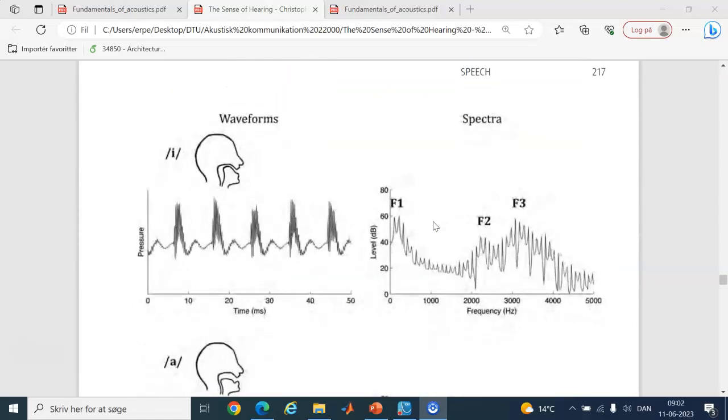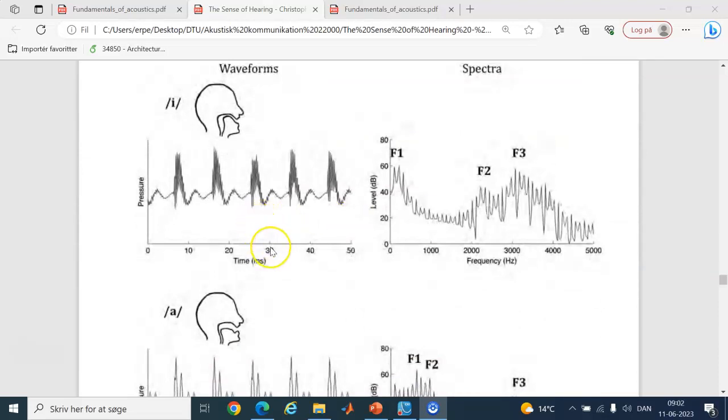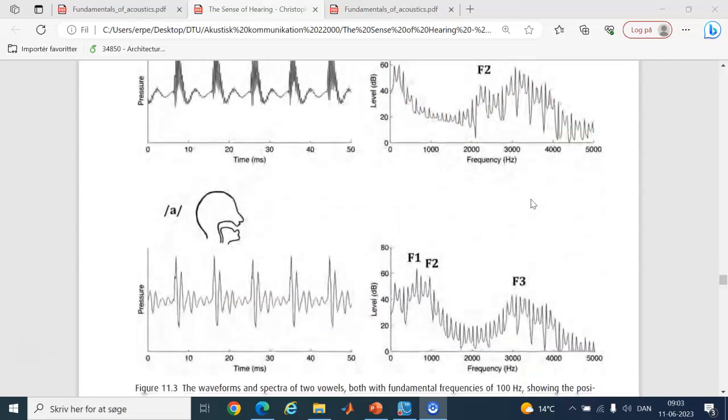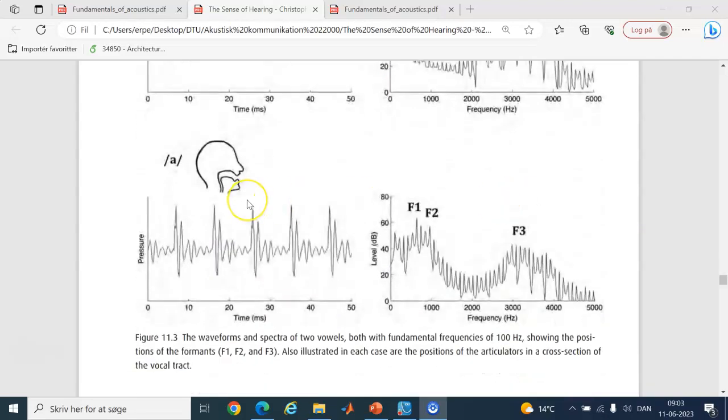And waveforms, time, pressure, F1 here, F2 here, and F3 here. So time and pressure, F1, F2, F3.